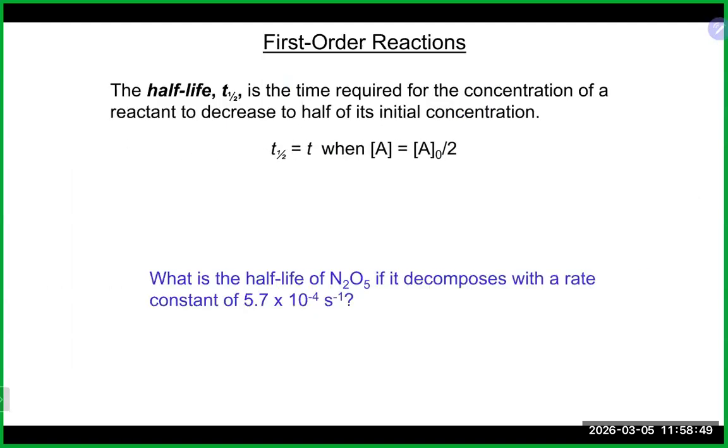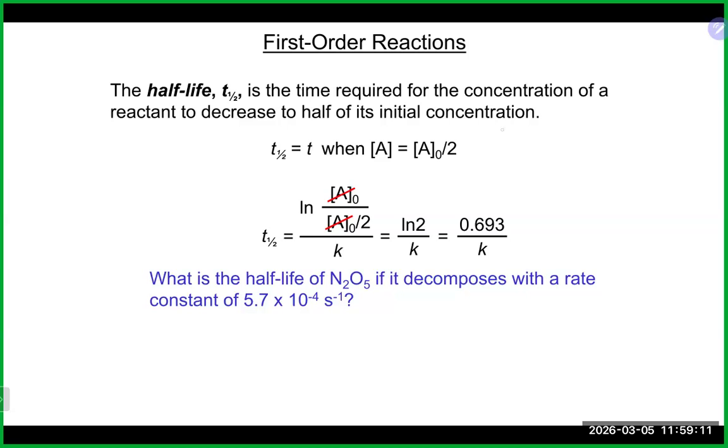All right, so let's talk a little bit of half-life, which we kind of obviously just did a second ago, but there is a specific half-life equation for first order, which is the natural log of 2 divided by k, the rate constant. And as I mentioned before, you may have to use both of those equations together, the integrated rate law and this one.